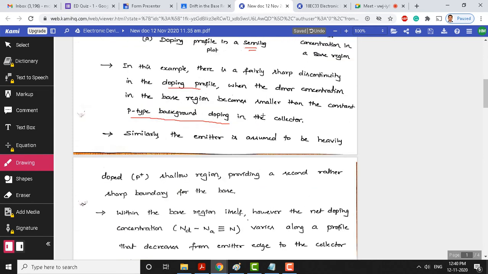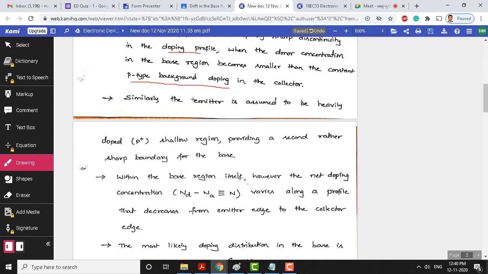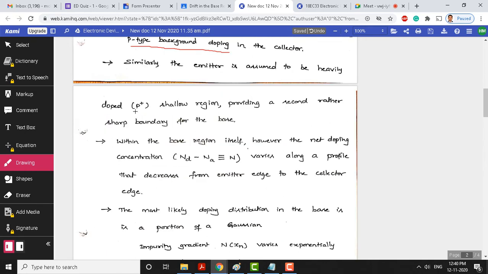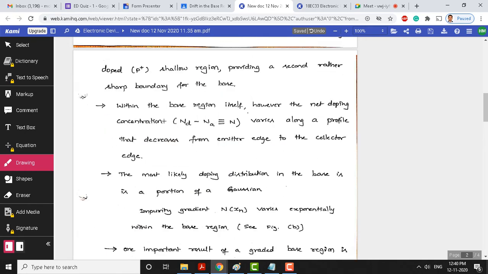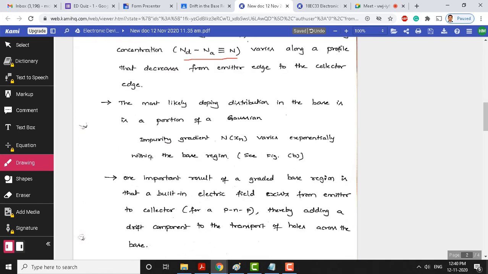The emitter region is heavily doped, of P plus type. The second graph is the net doping concentration, which is Nd minus Na, indicated as N as a function of distance from the emitter edge to the collector edge.